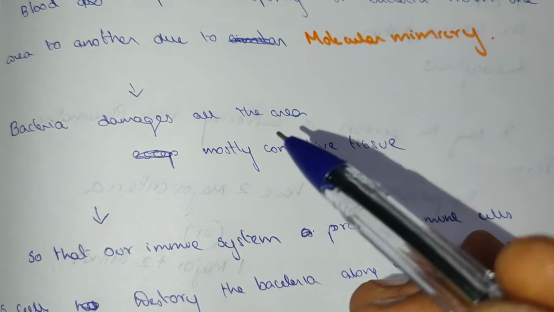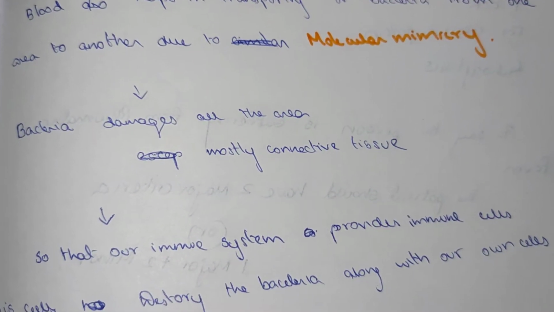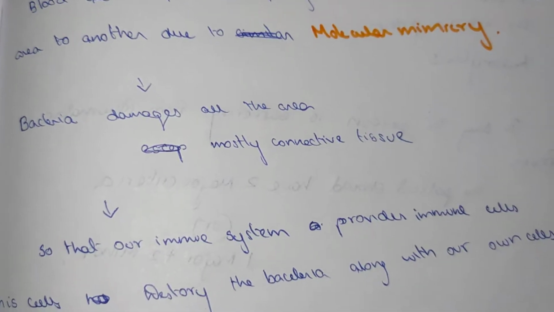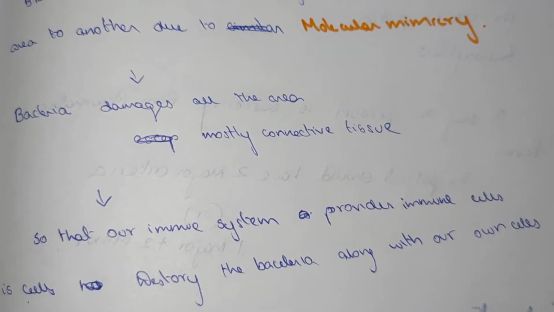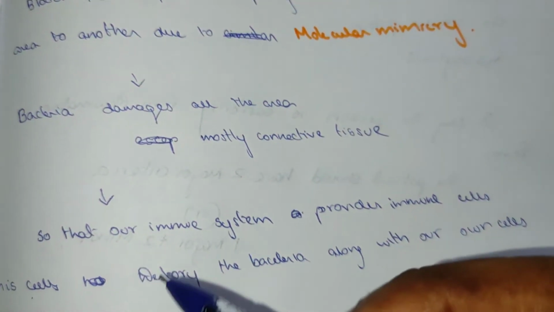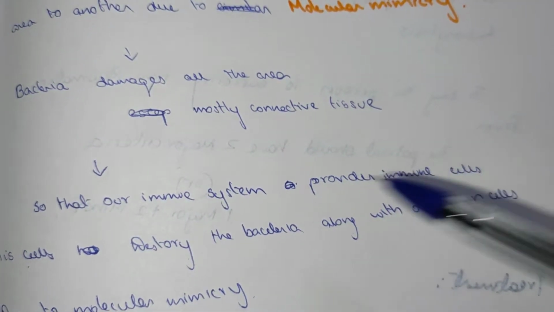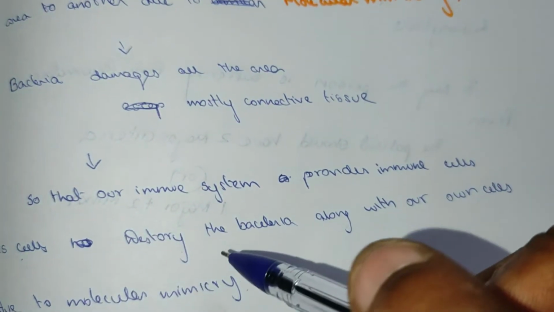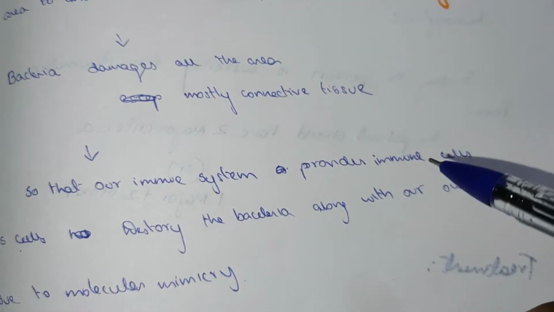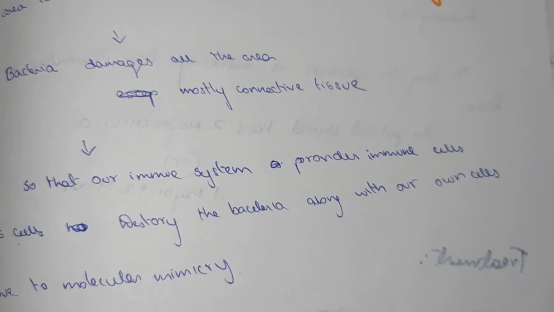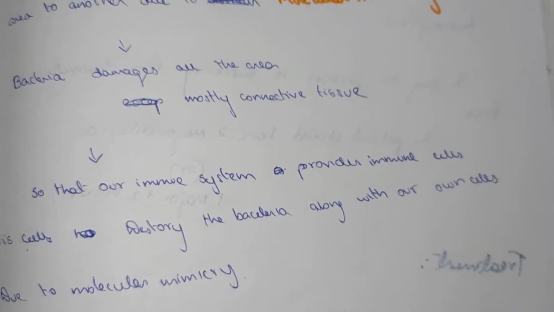The bacteria damage all the areas, mostly connective tissue. Due to the transferring of the bacteria, it destroys all the areas, so our immune system provides immune cells to destroy the bacteria, but our immune cells get confused and destroy our own cells too along with the bacterial cells.